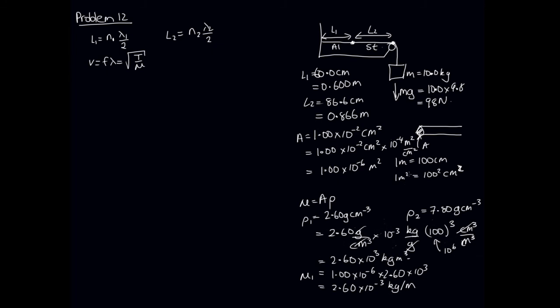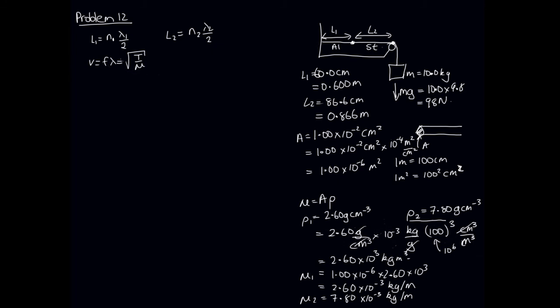And similarly, we can work through with the density of the steel, which is here, and we end up with mu2 is equal to 7.80 times 10 to the minus 3 kilograms per meter. Okay, so now we've got the linear densities and we've got the tension for the two wires.